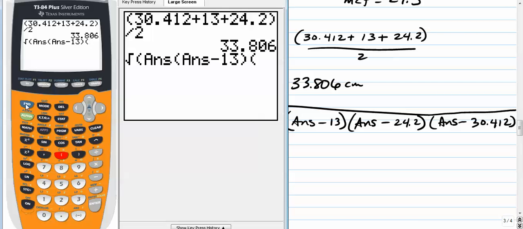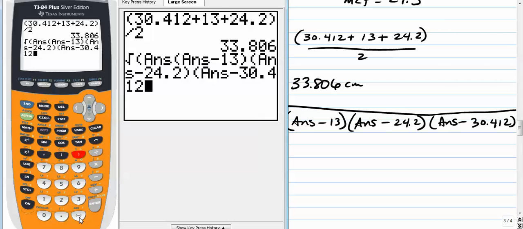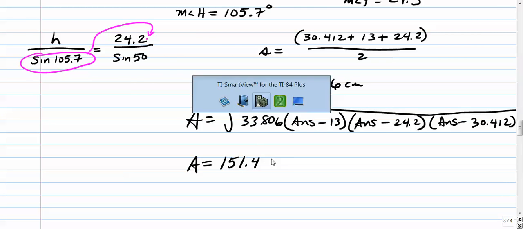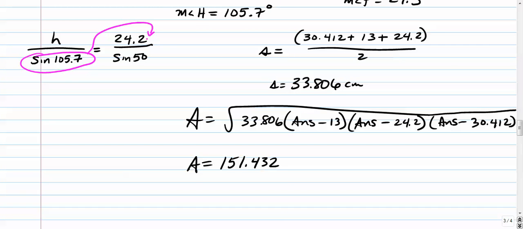Close, open, answer, minus 24.2. Close, open, answer, minus 30.412. And there we go, 151.432 square centimeters, and we're finished.